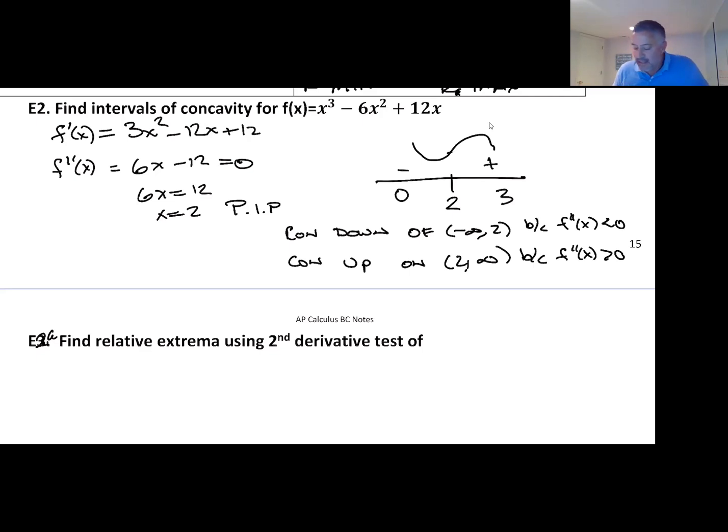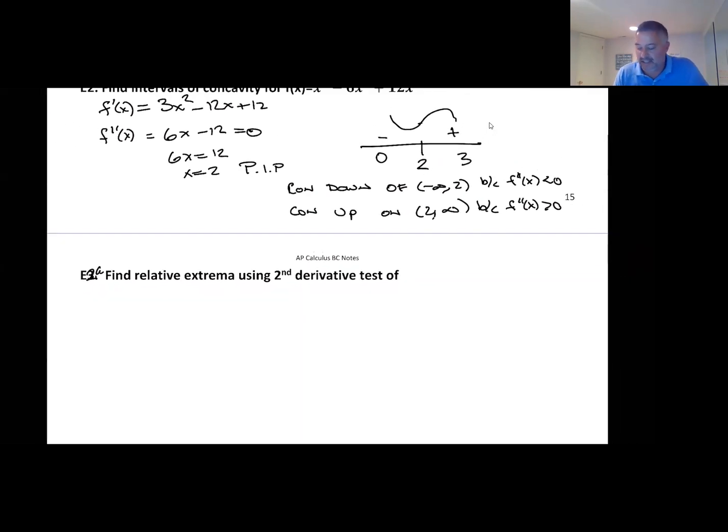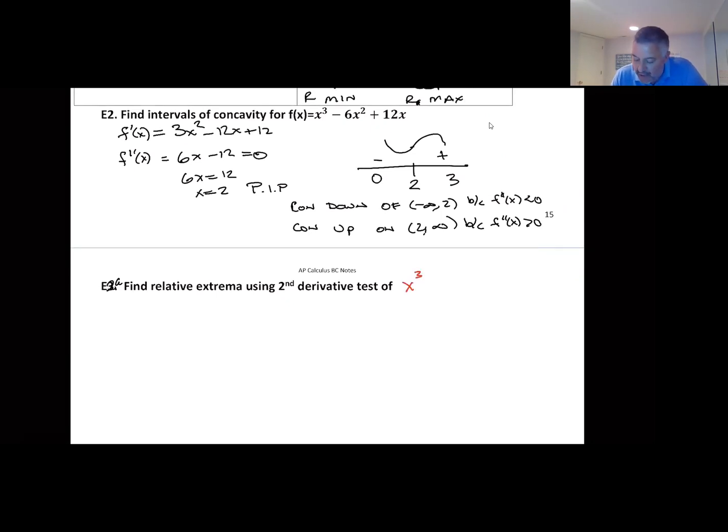All right. Find the relative extrema using the second derivative test. I know I went through the first one quickly, but we've already done that one earlier in the notes. Second derivative test of the same function, x cubed minus 6x squared plus 12x.